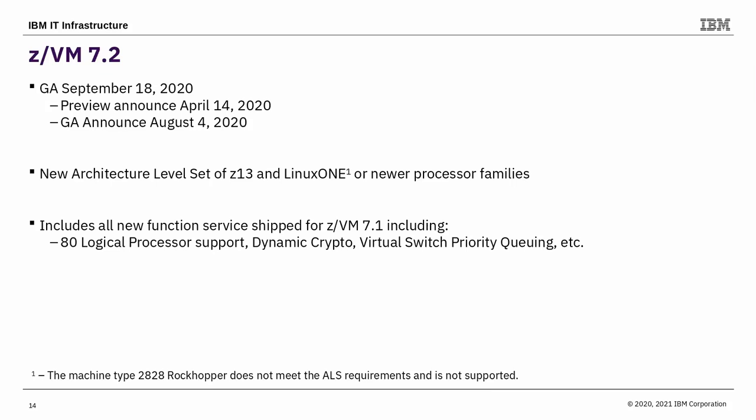It includes all the new function that shipped with 7.1, as you'd expect from seeing that cadence, including support for plenty more processors. So remember, 80 logical processor support is 40 IFLs, assuming that you've got SMT enabled, and there's pretty much no need to ever not enable SMT now.